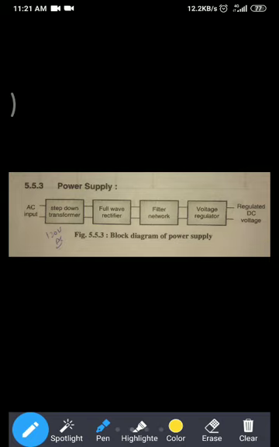Getting? So this step down transformer operates generally on 120 volt AC input, followed by the rectifier circuit to convert AC into pulsating DC, and then the signal is filtered using filter circuit, and a specific DC level is achieved by using regulated supply. This regulated supply does not generate only a single voltage.